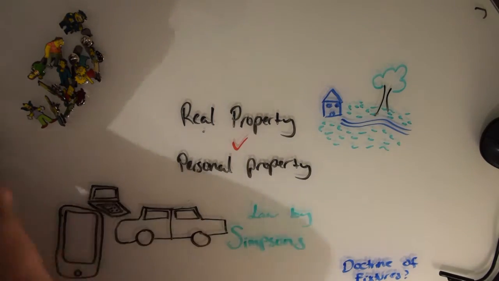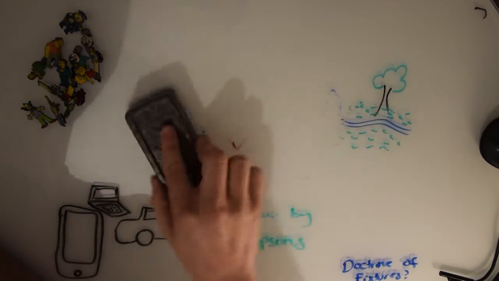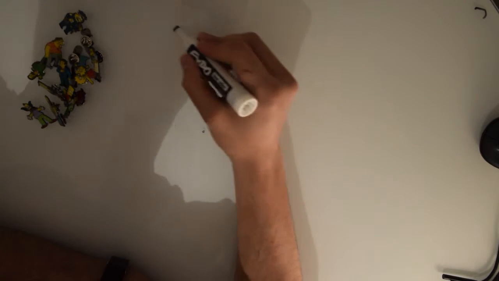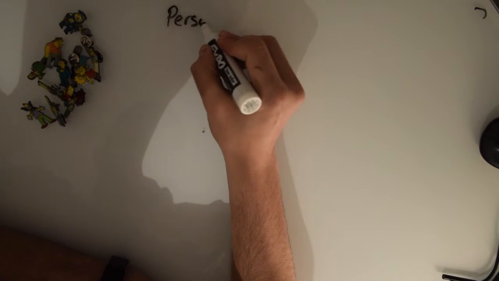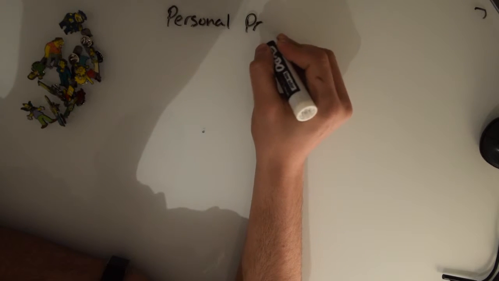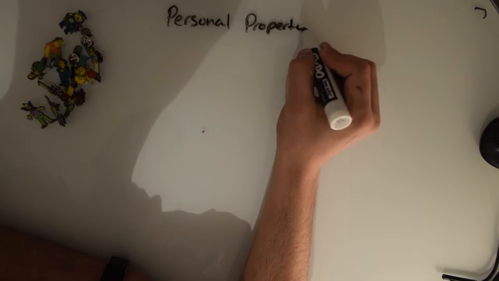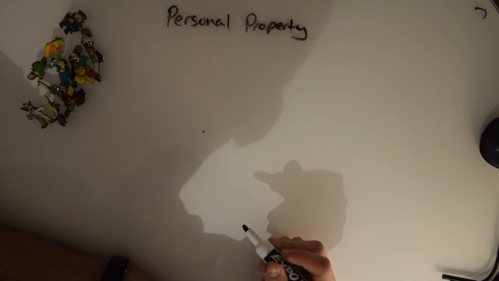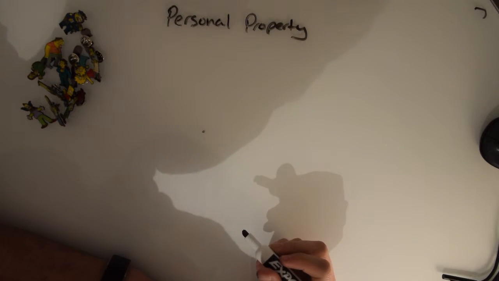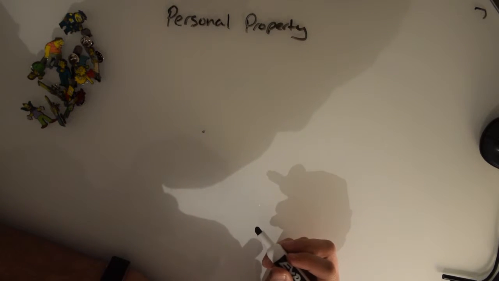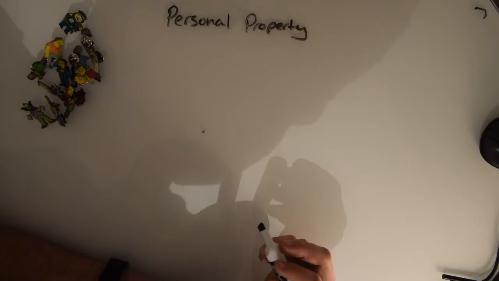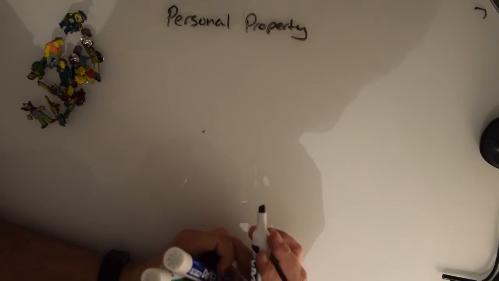Now, we'll start off with personal property and different types of personal property. Now, personal property is effectively something that you have a right to.